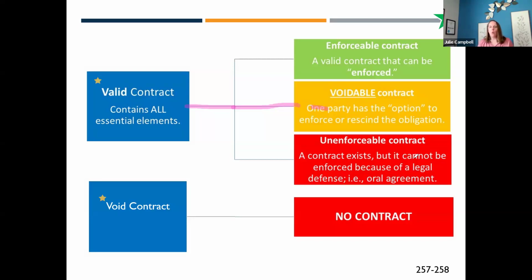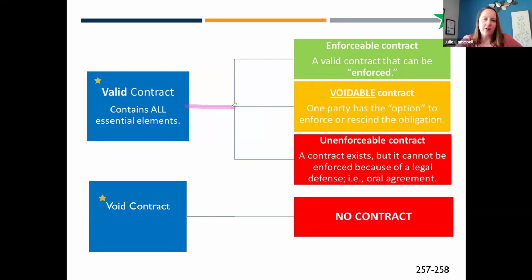With voidable, one of the parties takes the valid contract to the judge and says, I shouldn't have to carry through with the terms of this contract. The judge looks it over and says, you're absolutely right. The contract itself is valid. There's not a problem with the contract. The issue becomes with how many of the parties? Everybody show me. How many of the parties? Just one. Voidable can be voidable by one. Again, more on that second.